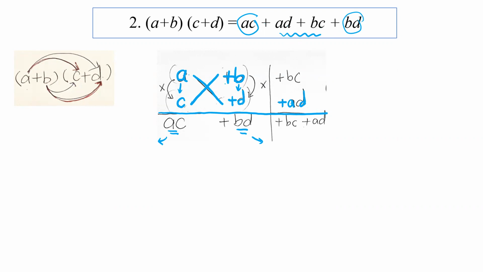C times positive B, we get positive BC. And you see I draw a line to separate it because over here, this part we have to add. Both positive, same sign, find the sum. However, they are unlike terms, so our sum will be this. So when we rewrite, we will move this one right to the middle, which is this.